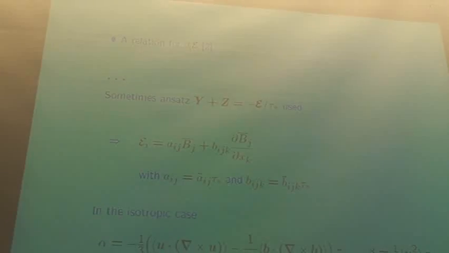Now consider the dynamo model where you have a phi component, and you have to apply it on b phi.